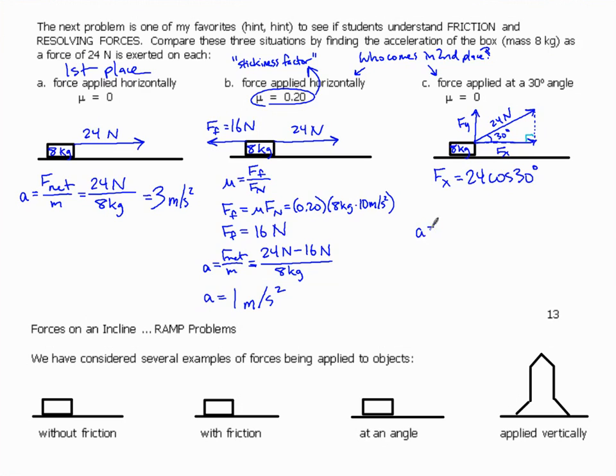And so when I calculate acceleration, this is my net force because there's no friction. So all of the force in the horizontal direction is the net force. So you could solve this and put the number down here, or a quick shortcut, 24 cosine of 30, and that's newtons, divided by 8 kilograms of the mass.